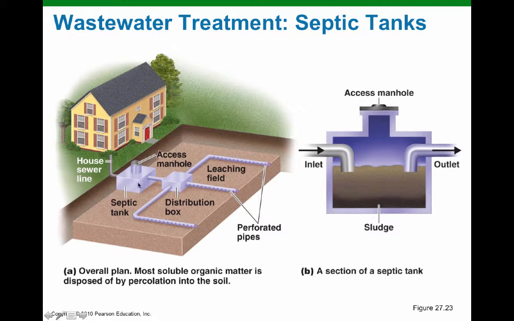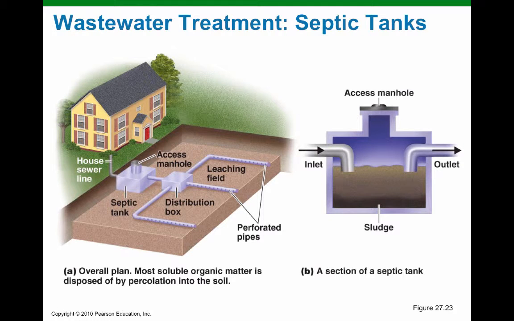In a traditional septic tank, you have this sewer line that leads to the septic tank, and then leaching fields that will act to essentially disperse the contents from the septic tank. And it's all of the bacteria that's present in the soil that will break down that organic matter, so it acts similar to composting.